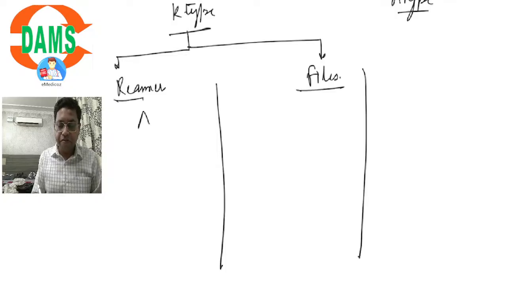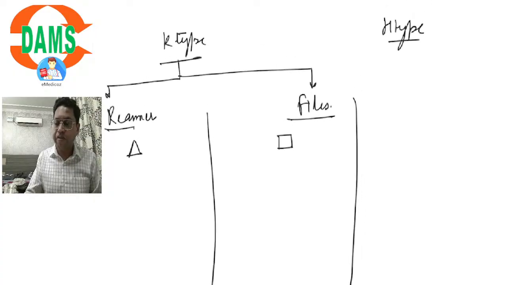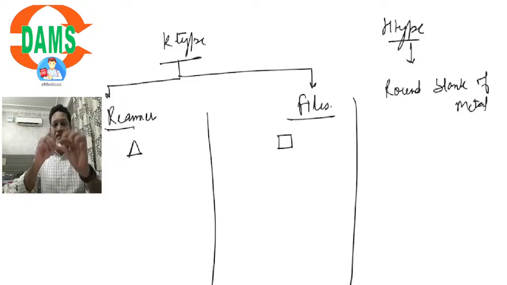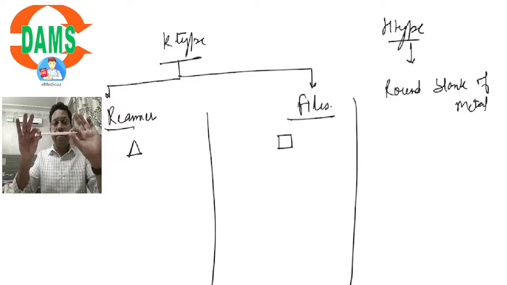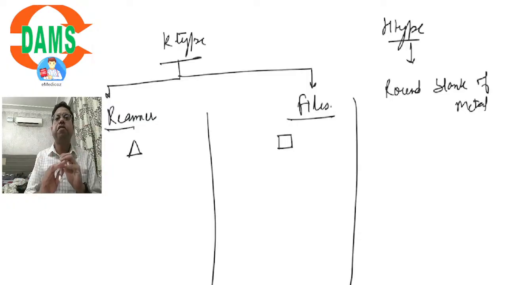Reamer is generally made from a triangular blank of metal. The cross section of the reamer is triangular. Files are generally made from a square blank of metal. They have a square cross section. And H-type instruments are made from a round blank of metal. Blank means there's a wire, stainless steel wire or blank that has different cross sections.